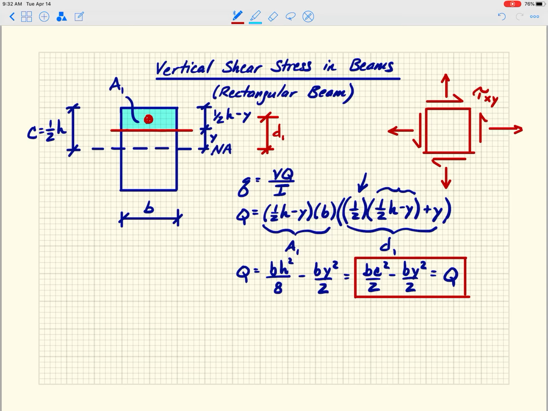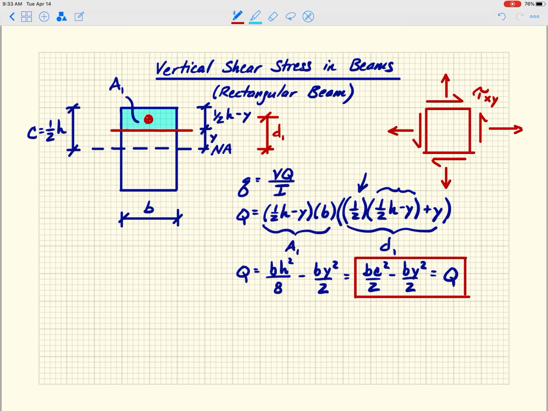So that's Q in terms of B, C, and Y, right? So those are basically the dimensions of the cross-section plus this coordinate that we're defining, right? So I plug in y equals 0. You'll see Q is a maximum then, right?